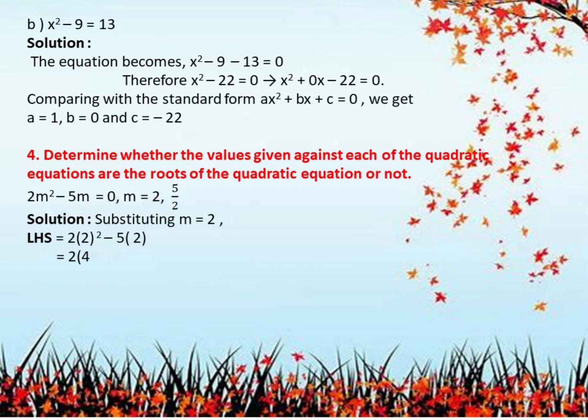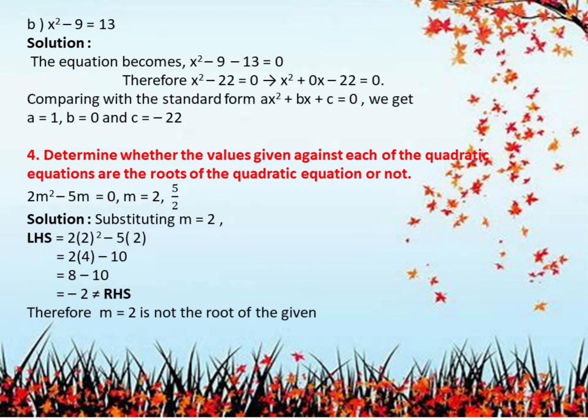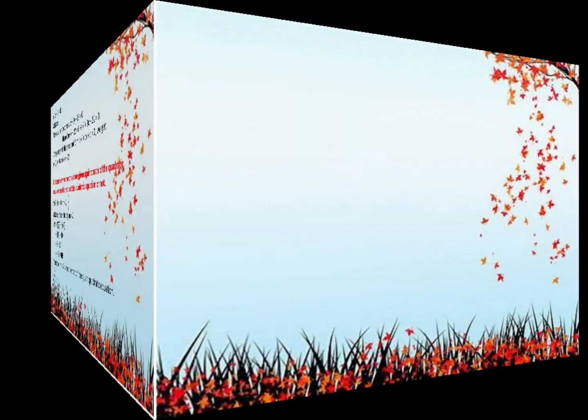It will become 2 into 4 minus 5 into 2, that is 10. 8 minus 10, which is nothing but minus 2, which is not equal to RHS. Therefore, m is equal to 2 is not the root of the given quadratic equation. Why? Because left hand side is not equal to right hand side.